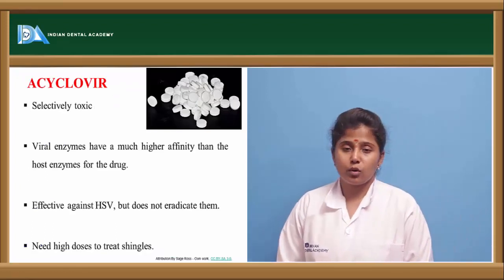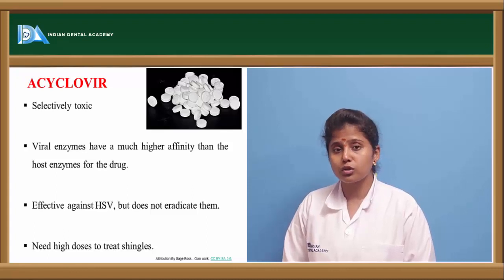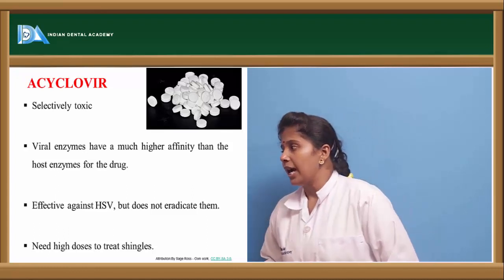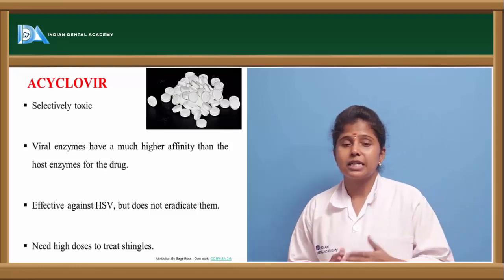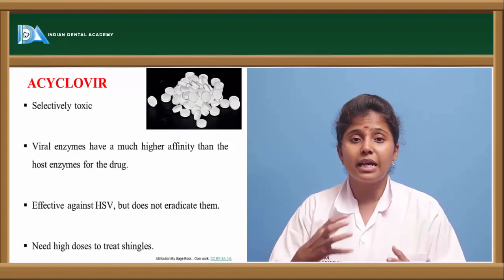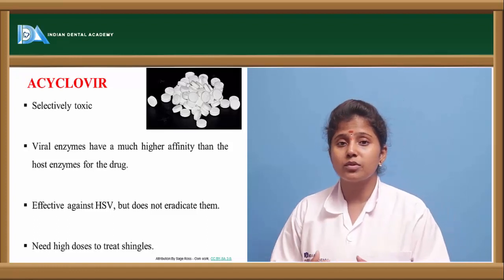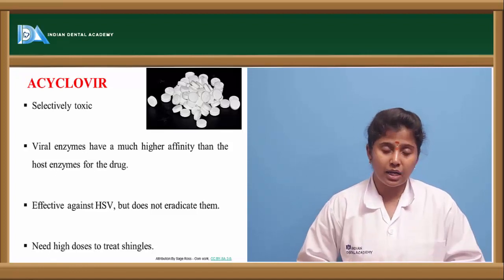Let us see acyclovir. Acyclovir has selective toxicity. It is toxic to selective viruses, and the viral enzymes have much more affinity towards this drug than the host enzymes. So the viral enzymes have greater attraction to acyclovir than the human enzymes.